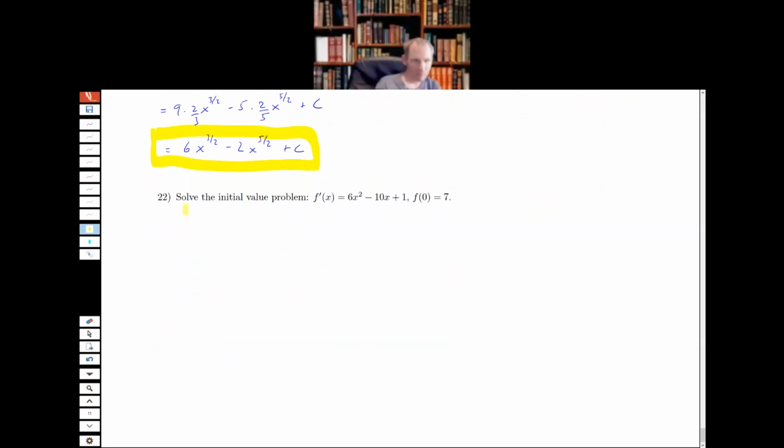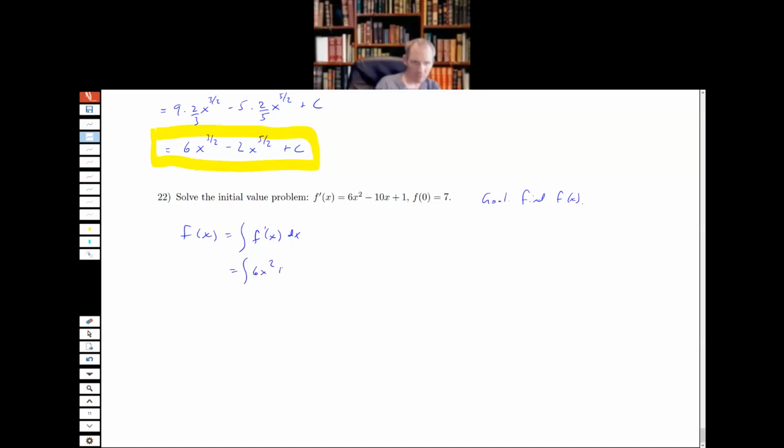All right, last problem, solve the initial value problem. So we're given a derivative, and we're given an initial value of the function, and our goal is to find f of x. So I can start by saying that f of x is the antiderivative of f prime of x.